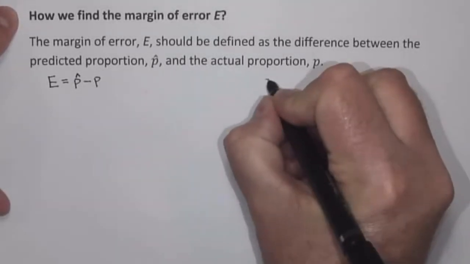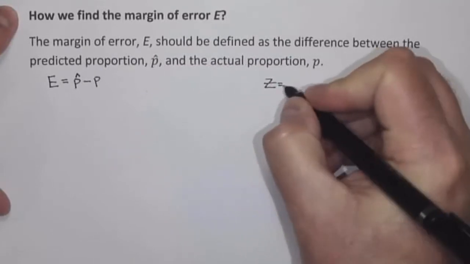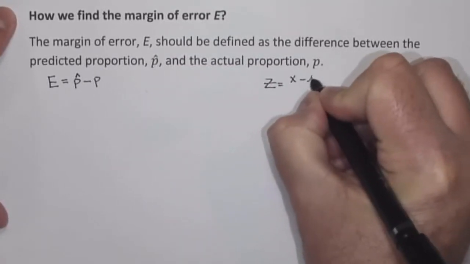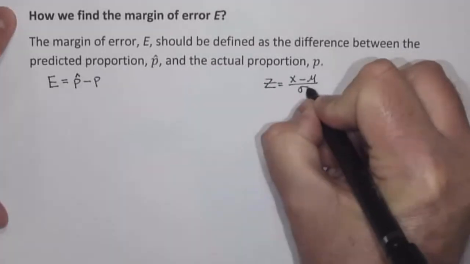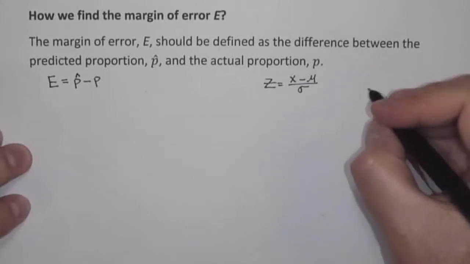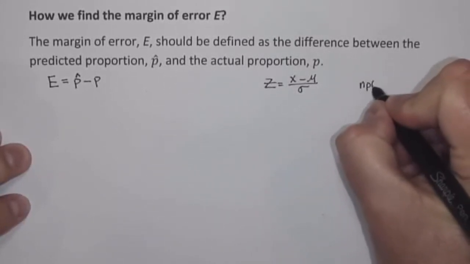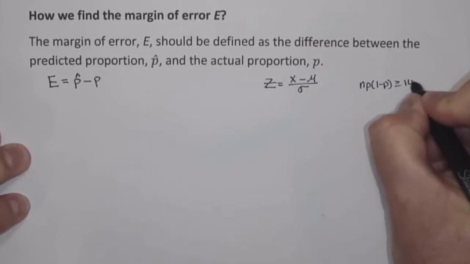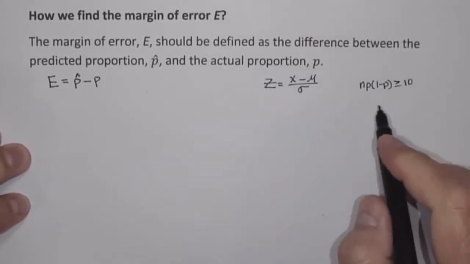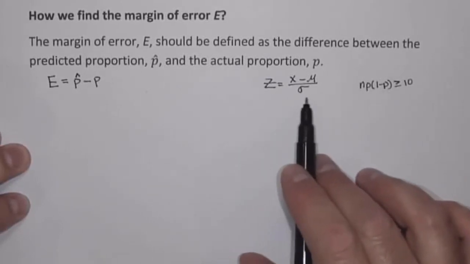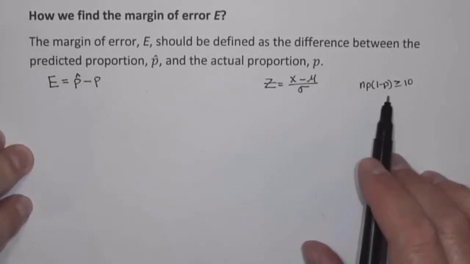Now, we know that we can find a z-score by taking a data value minus the mean and dividing by the standard deviation. We also know that if n times p times 1 minus p is 10 or bigger, then the distribution of p hat will be normal.